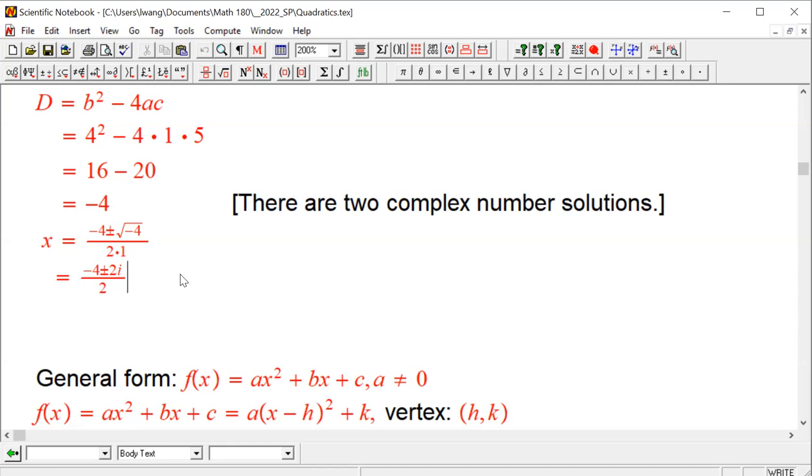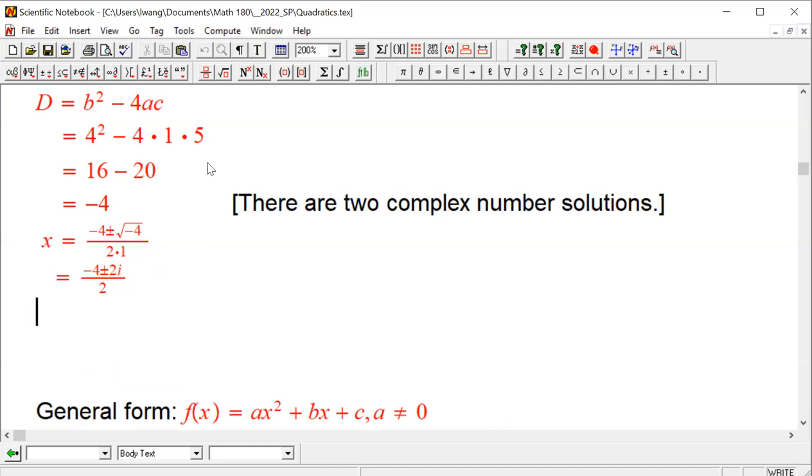But sometimes you still have a square root there, so you want to write the I in front of it. In this case, you can write it in front or behind. In some other cases in the future, you might encounter something like I times square root of 3. In this case, we highly recommend you put the I in front, and square root of 3 behind it.